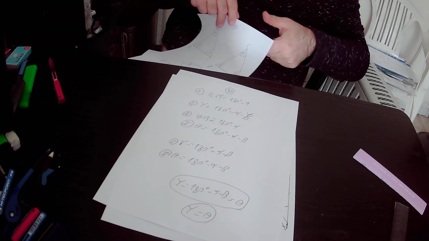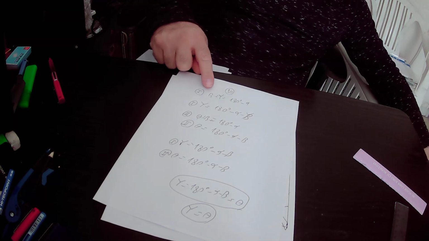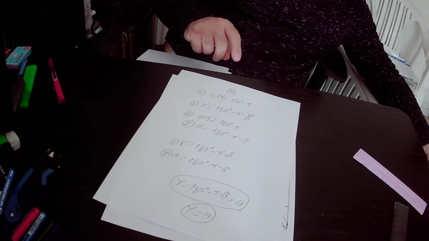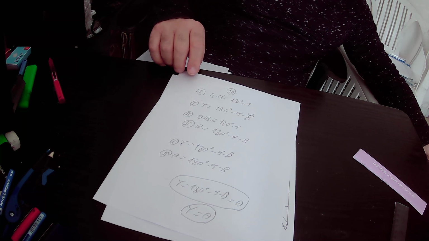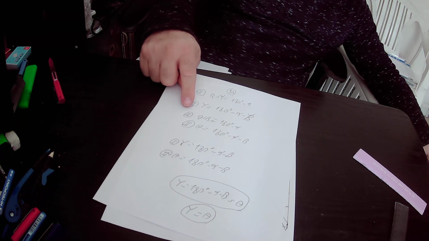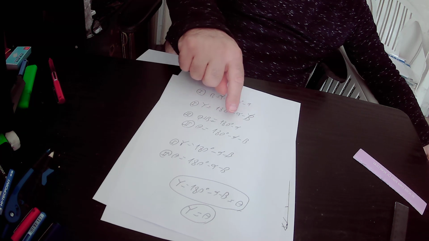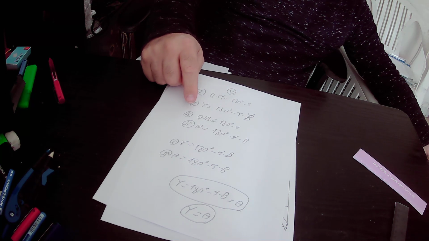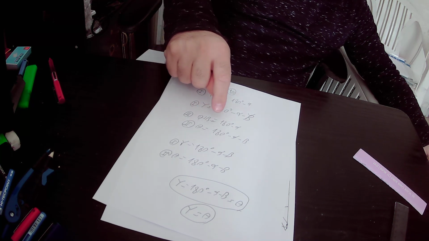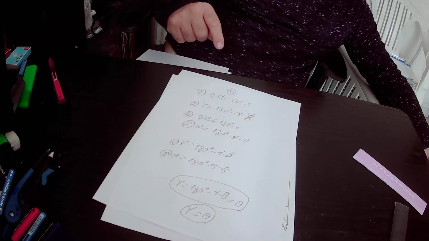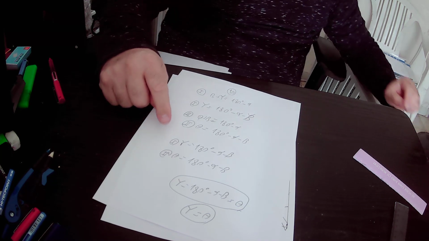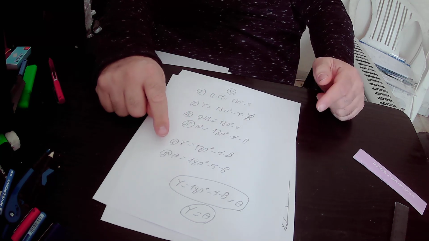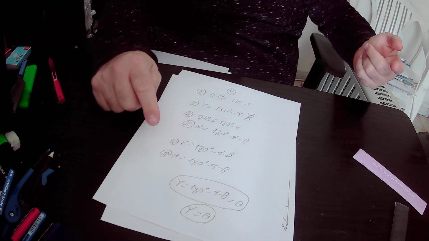Then we subtracted beta from equation number 1, and we got that gamma equals 180 degrees minus alpha minus beta. Then we subtracted alpha from equation number 2, and we got that theta plus beta equals 180 degrees minus alpha. Then we subtracted beta from equation number 2, and we got that angle theta equals 180 degrees minus alpha minus beta. So angle gamma equals 180 degrees minus alpha minus beta, and angle theta also equals 180 degrees minus alpha minus beta.